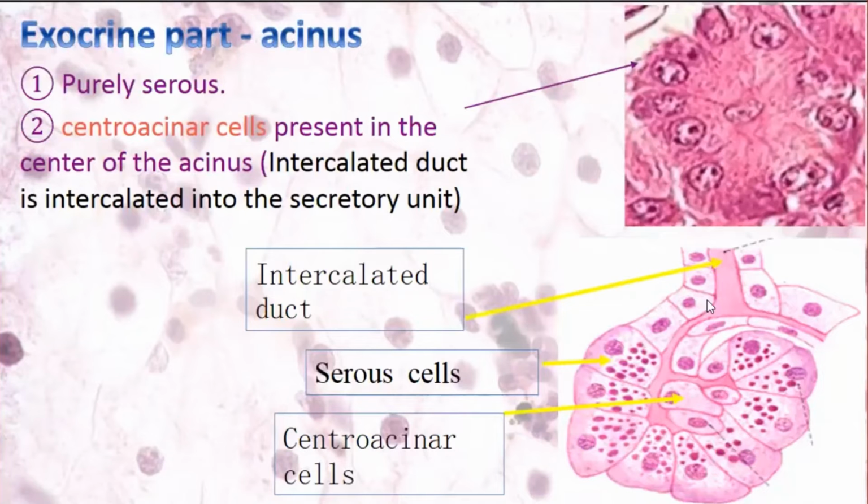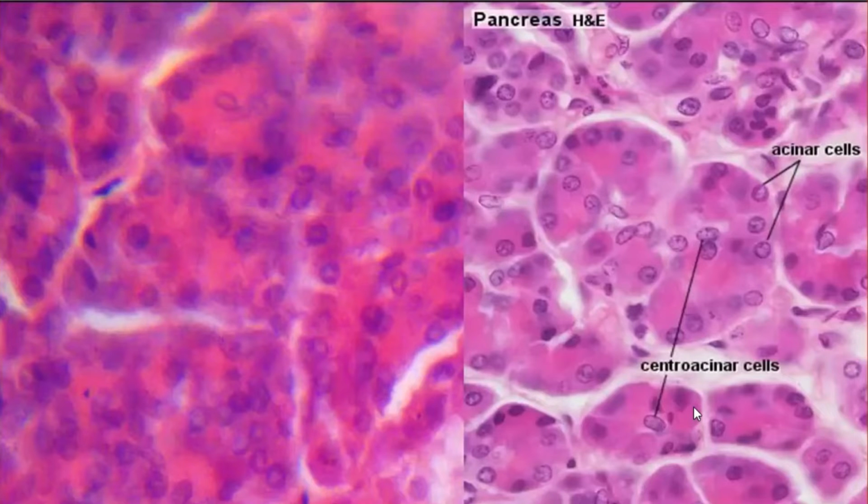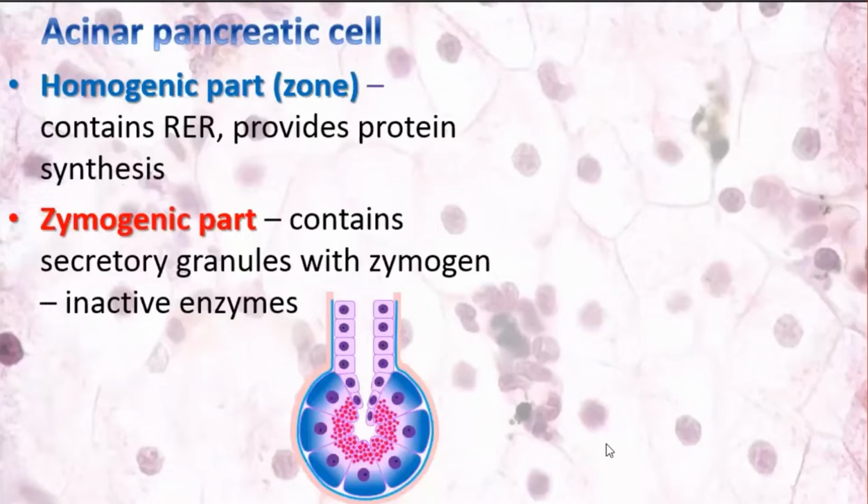And also we have here intercalated duct, which is formed by epithelial cells, and some cells enter inside the acinus. They are called centroacinar cells. And it's specific feature of pancreas. Here we can see centroacinar cells. There are acinar cells, they form acini, and there are centroacinar cells inside the acinus.